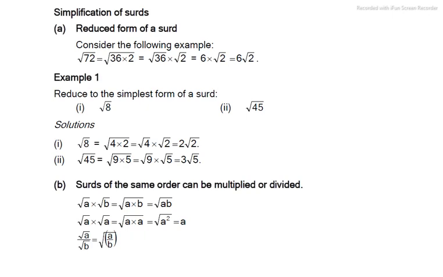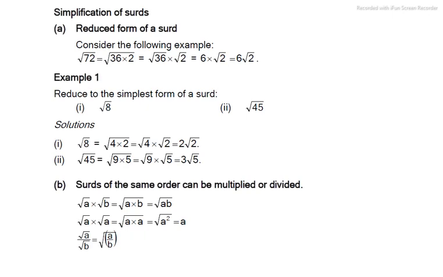For instance, if we look at simplifying root 8, root 8 has two factors and one is a square number, that is 4 times 2. So instead of writing root 8, we shall write root 4 times 2 and then separate the two roots.